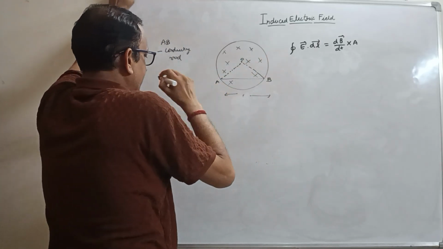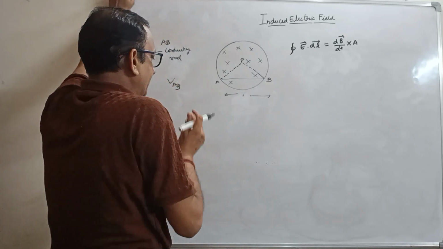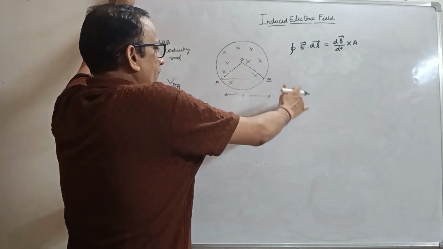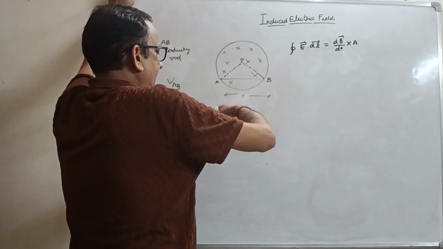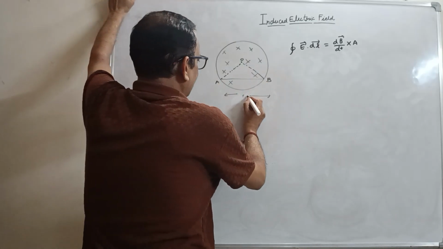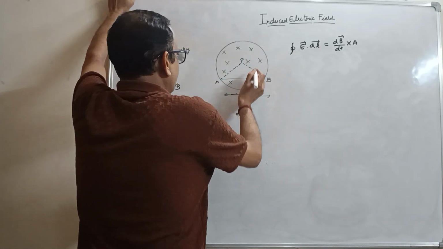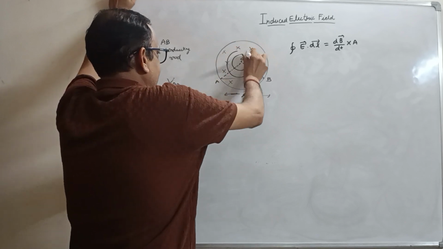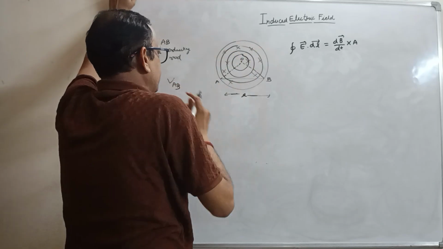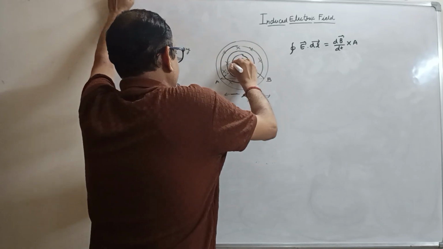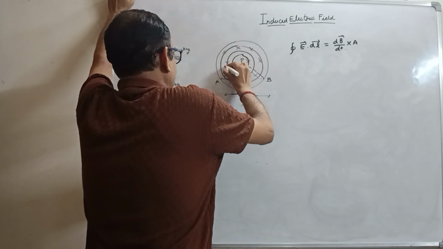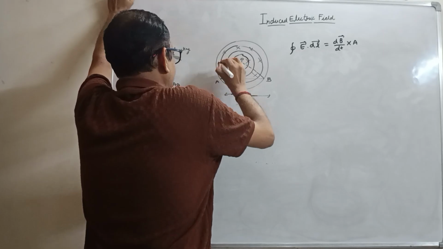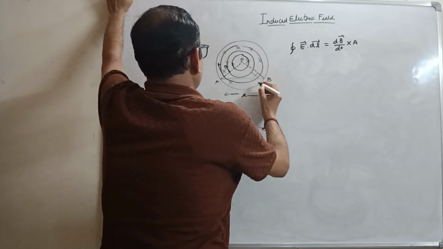As we know, the direction of the induced electric field is in circular loop form. So the direction is tangential here, tangential here, and here also.